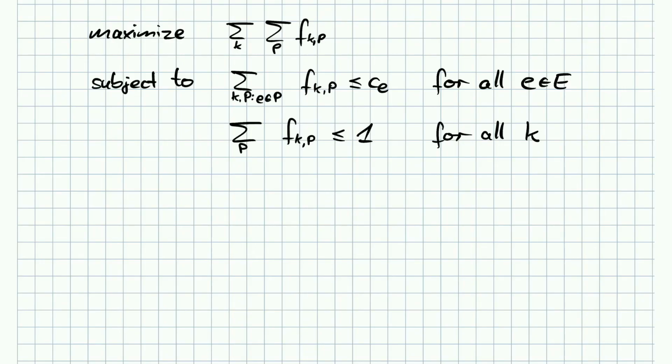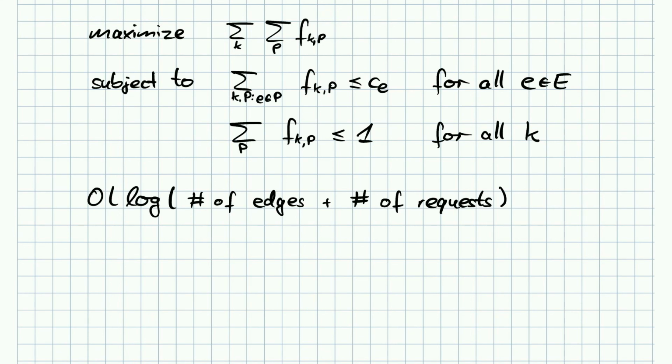We will be getting an O of log(number of edges plus number of requests) competitive algorithm. Why that? Because the competitive ratio was log of the number of constraints that we have, and here we have a constraint for every edge, and for every request, so every source sink pair, we have a constraint.